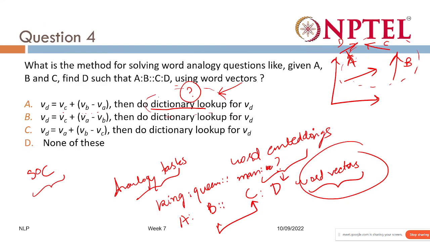But if you see all the options, it is given dictionary lookup for VD, dictionary lookup for VD. That is something that we do not do over here. We do the similarity check, and that too using the cosine similarity.